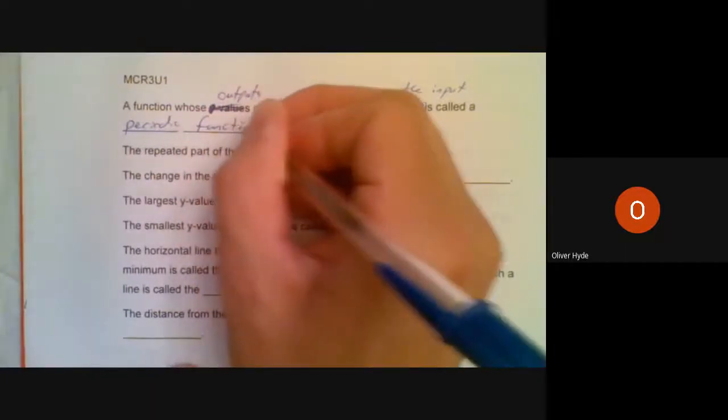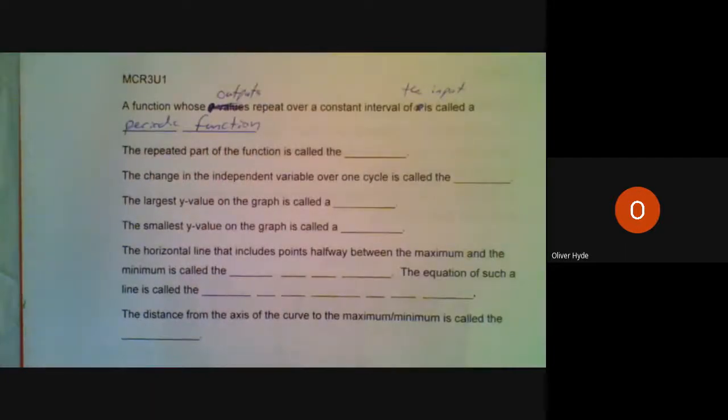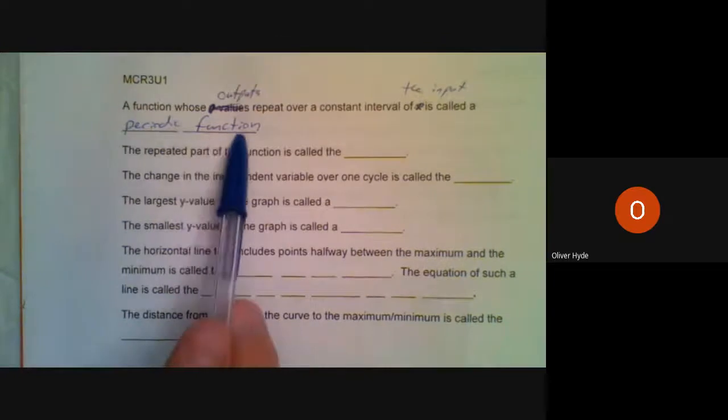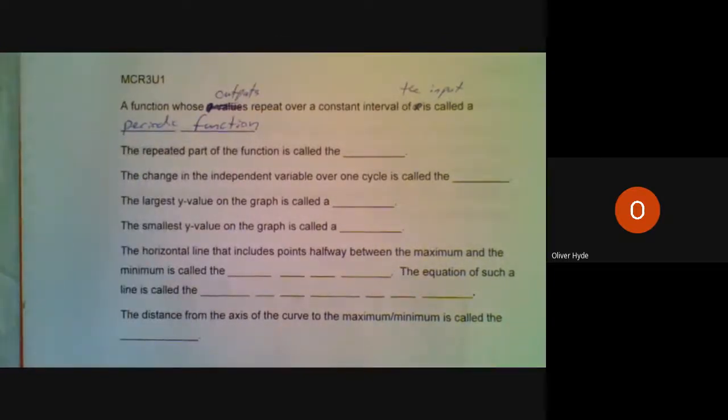Now just be very careful. When someone asks you to define a periodic function, don't tell them that's a function that has a period. Because if they ask you what is a periodic function, they probably want to know what is a period and what is a function. If you ask me what is an asymptotic logarithm, I wouldn't say it's a logarithm with an asymptote.